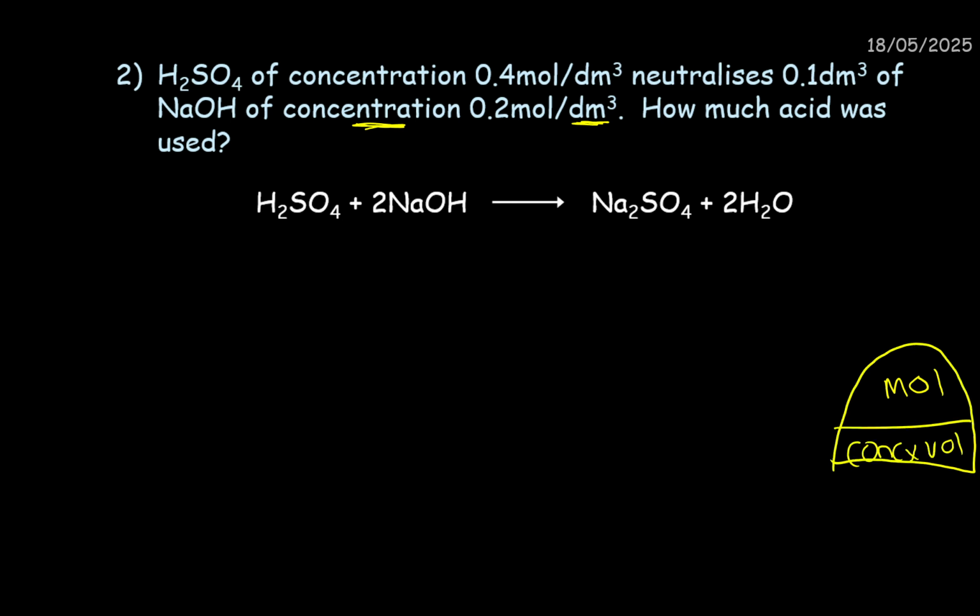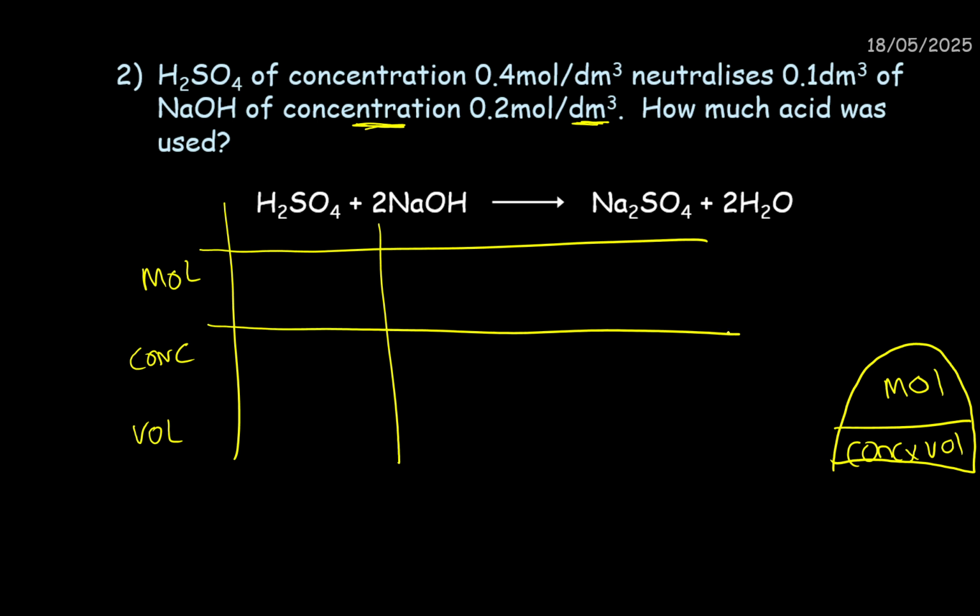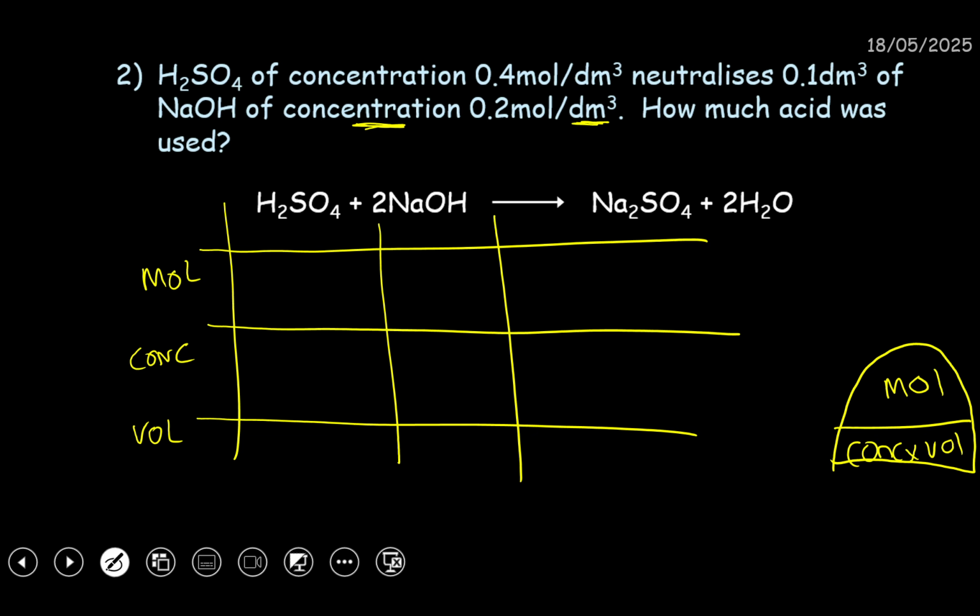Once you've figured out the equation you use, you then make your table. This is how you make your table: moles, concentration, and volume. If you lay it out in a table, it makes it much, much simpler to do. Okay, now we fill it out. So H2SO4 has a concentration of 0.4, so we write 0.4 here.